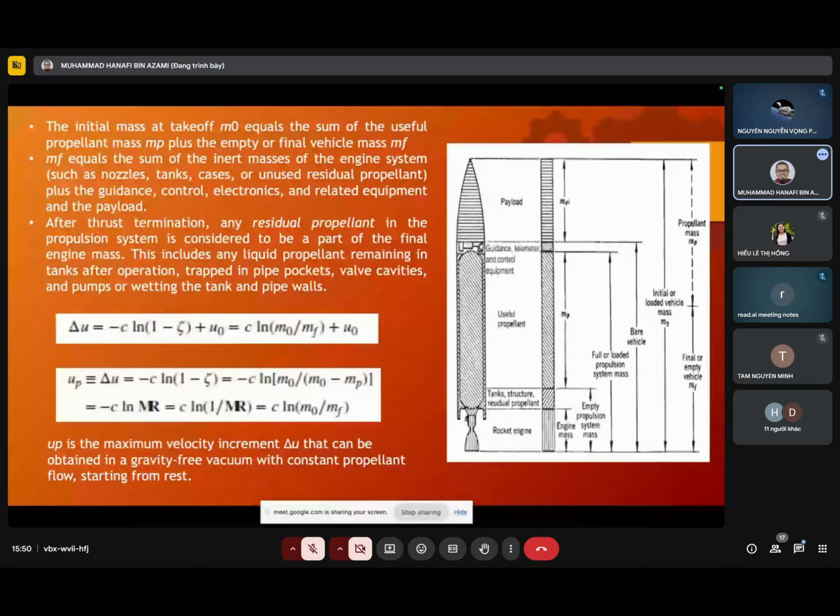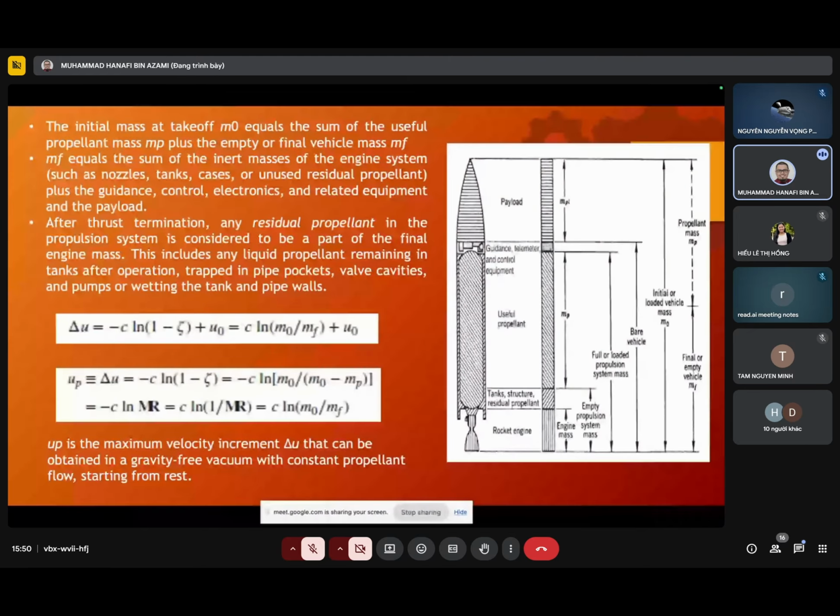So now you have delta u. This is the change, the increment of velocity, that you want. Everything in the previous chapter, I have explained to you about the Tsiolkovsky equation. So this delta u, the velocity change, is equal to minus c ln of 1 minus zeta, plus u naught.